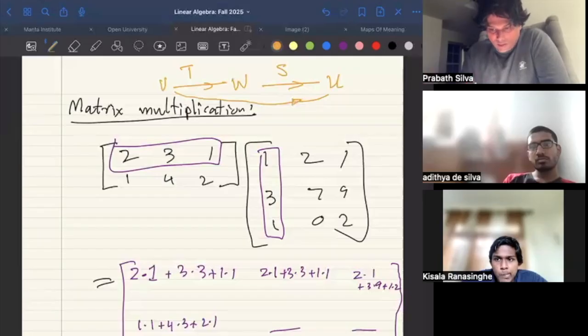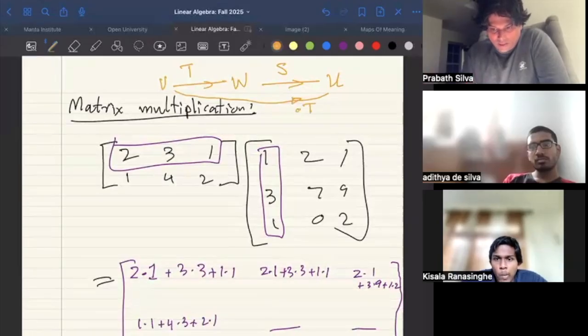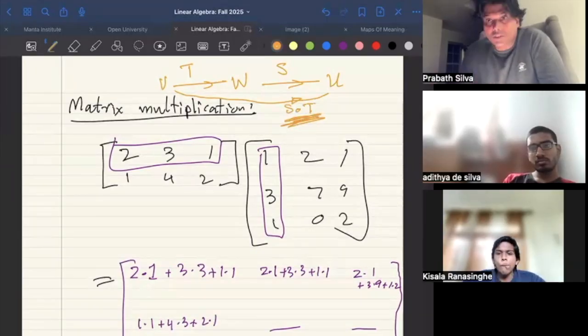So this is T composite S. And the matrix of this can be computed using matrix multiplication. Okay, so that's the reason why we multiply matrices this way, for us.